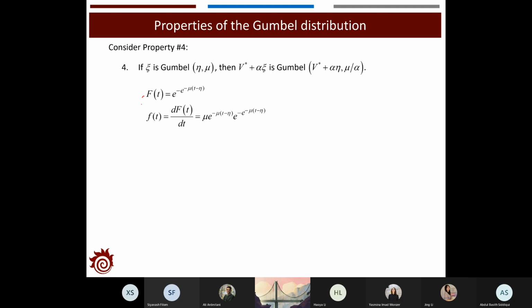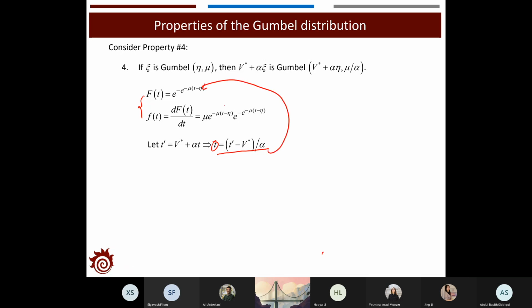Now we can define a new variable t prime as v star plus alpha t, and that gives another derivation, t equal to (t prime minus v star) divided by alpha, and we know that t here follows the Gumbel distribution. Then you apply this expression to the Gumbel distribution.